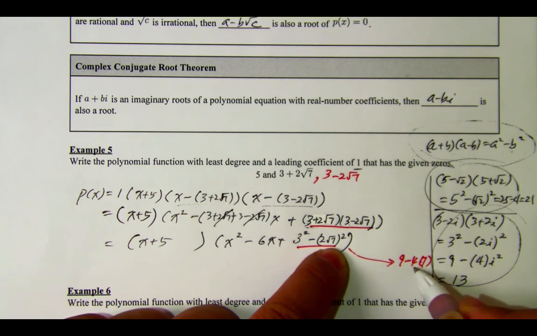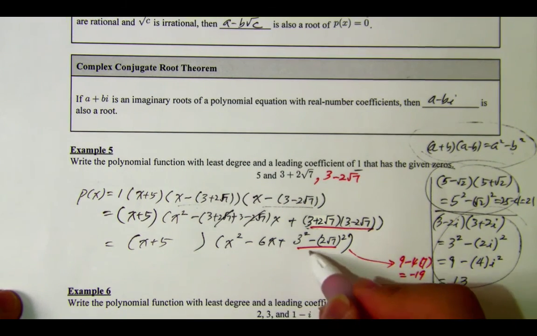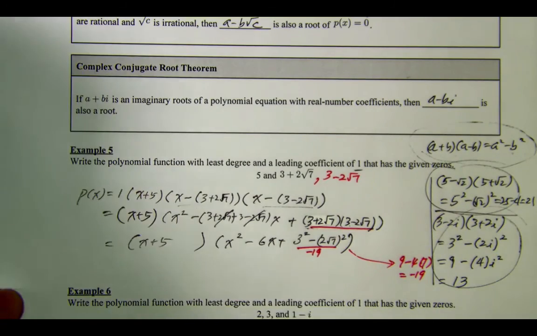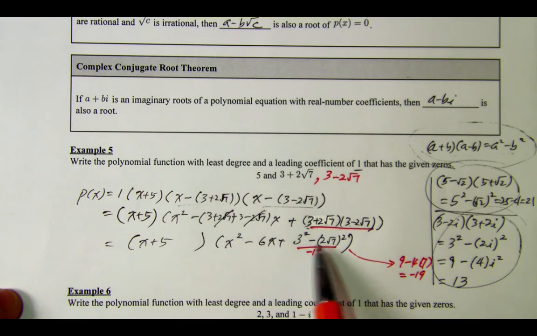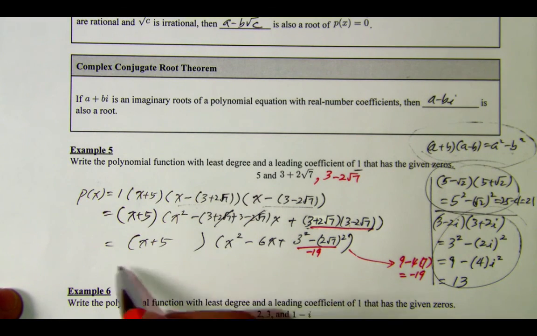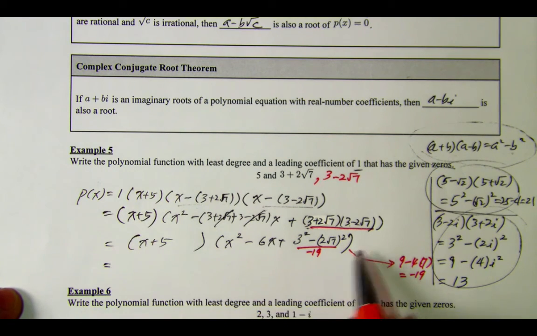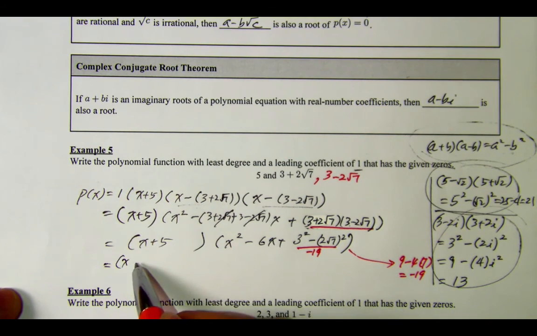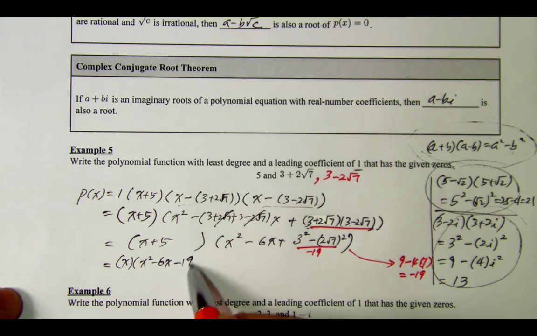So that's 9 minus 28, right? And that'll give you negative 19. So that's negative 19 right there, guys. So I don't want to write it out again, so I'll just leave it alone like that. So basically what we have to do is x times all that. So x times x squared minus 6x, and that's negative 19.